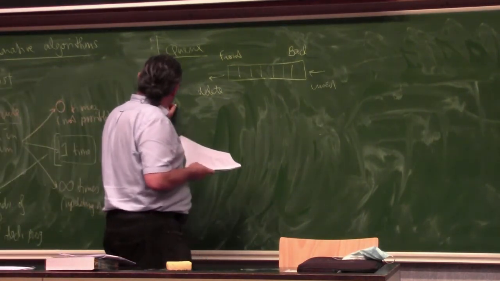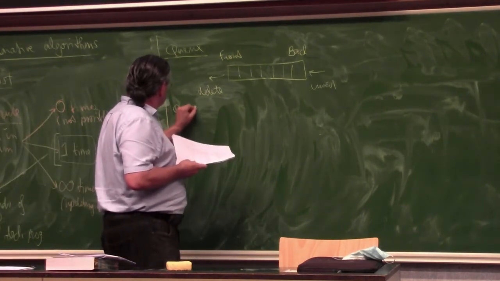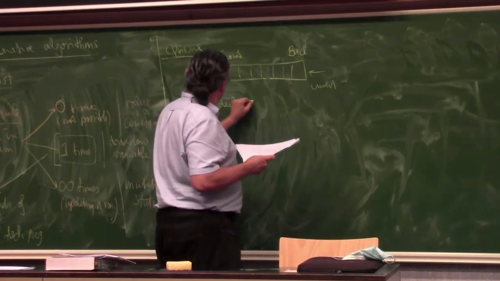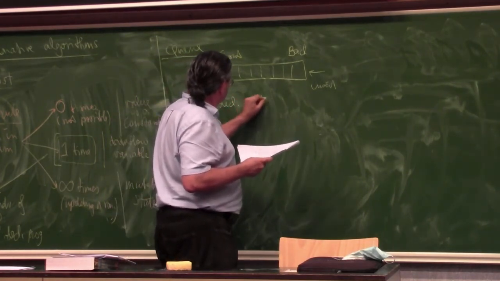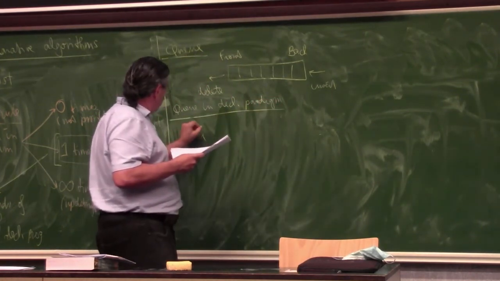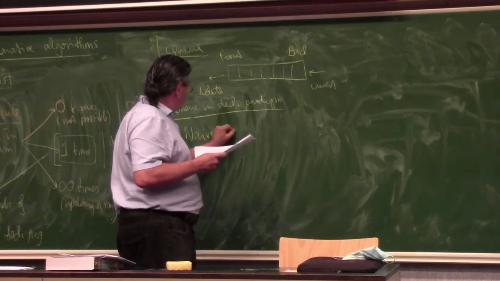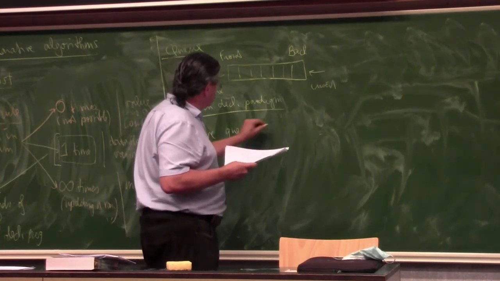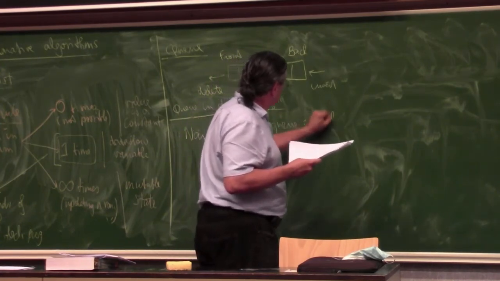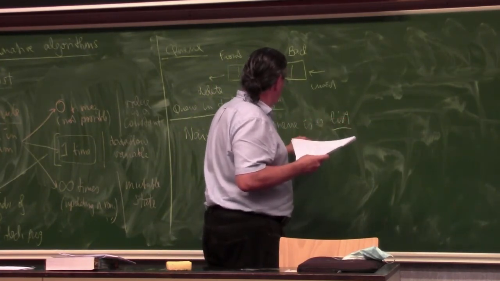So how can we implement queues in declarative programming, in the declarative paradigm? Well, the naive way of implementing a queue is that the queue is a list. Okay?